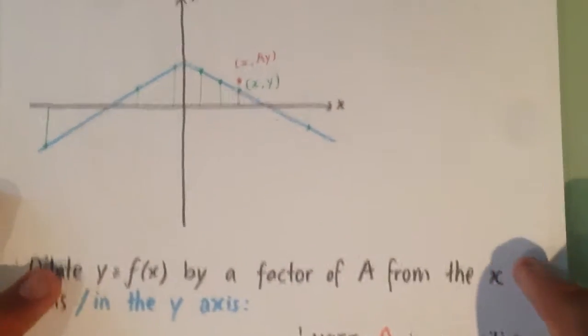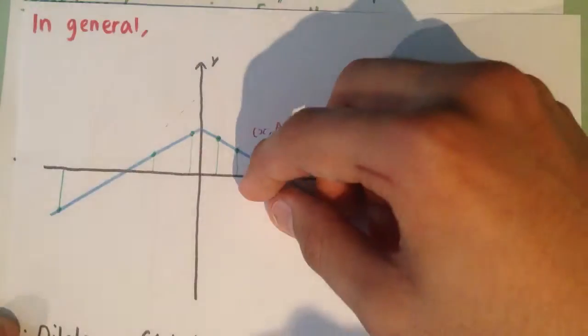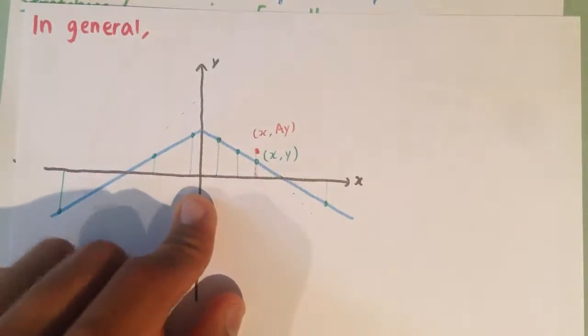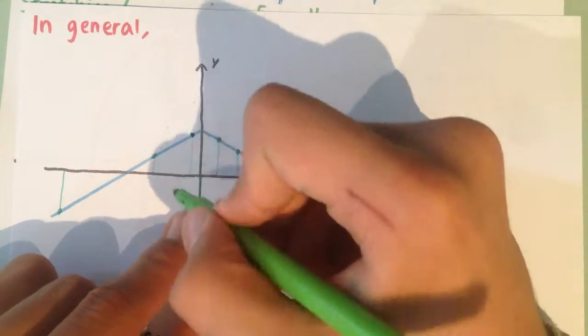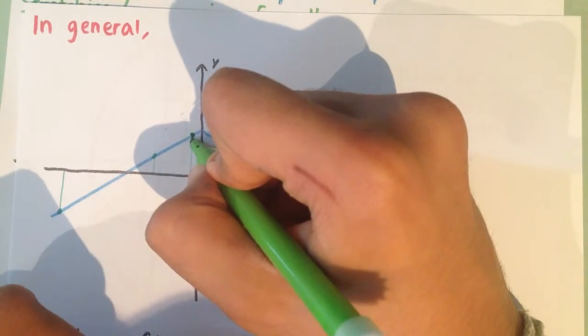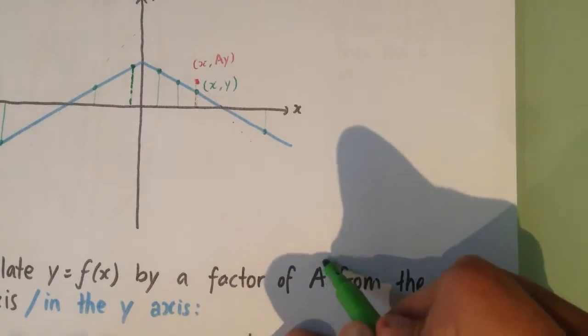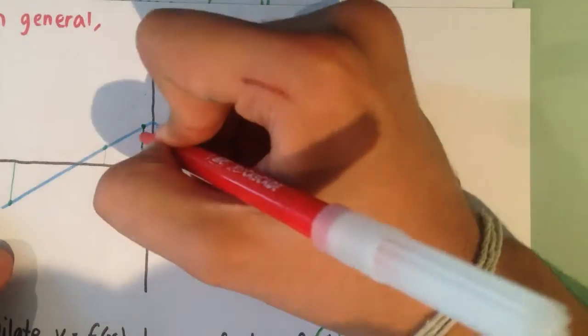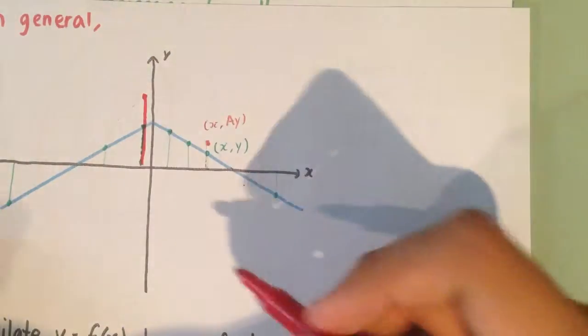So in general, if you have a dilation by factor a from the x-axis, that means we're taking each point on the graph, seeing what the distance is from the x-axis, and multiplying that distance by the factor, which is a. We don't know what a is, it's just some arbitrary number.